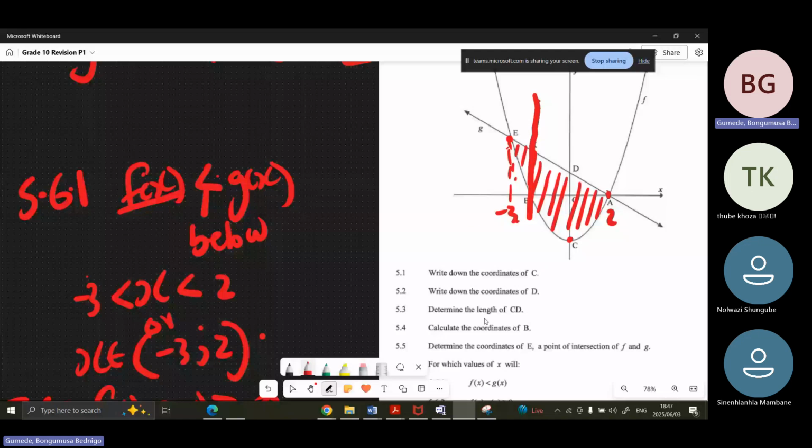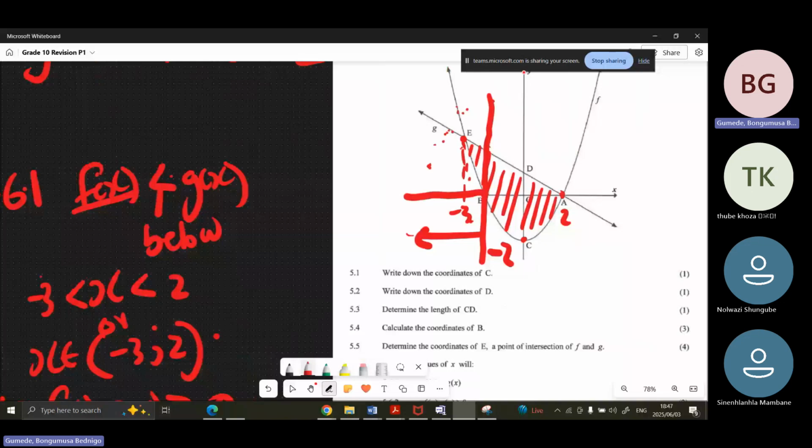You can see that both graphs are above the x-axis. Here's the x-axis. Those graphs are above, they are here, both of them. So the numbers that side, they are less than 2. Because both of them, they are positive. If we multiply them, we are going to get a positive number. But we are going to include this point of B because 0 is included.